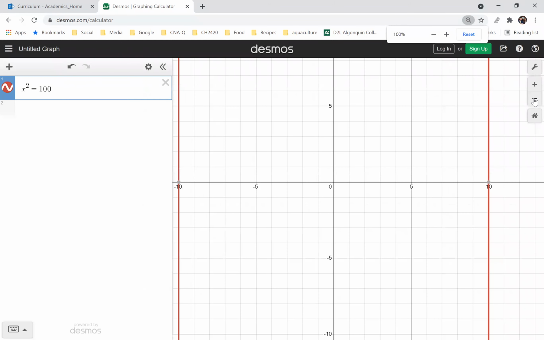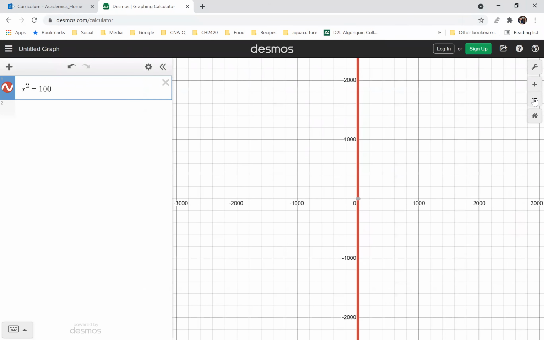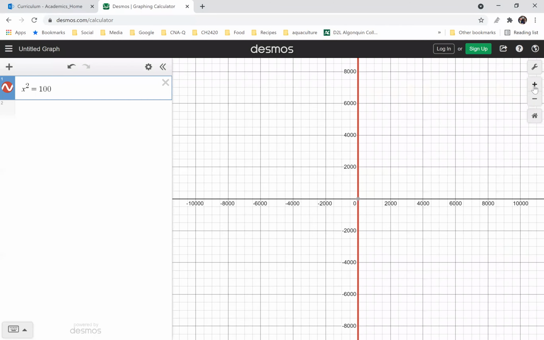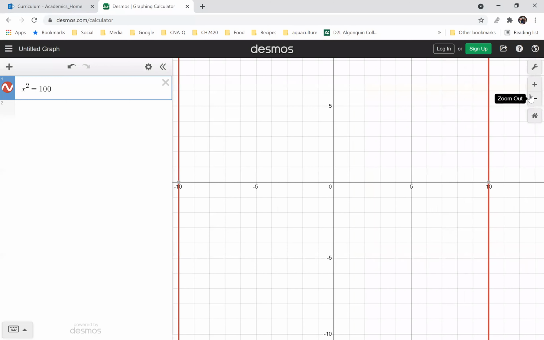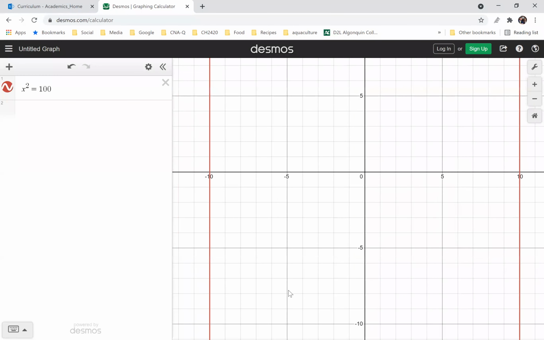I want to zoom out on the graph. The graph looks silly when I zoom out, so I'll keep it zoomed in. But you can see here, when I graph x squared equals 100, my answers are x equals negative 10 and x equals positive 10.